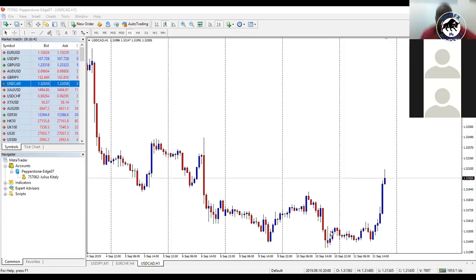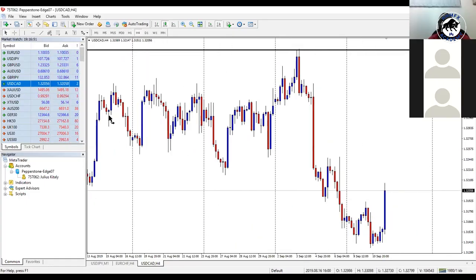All right, guys. So here we have USD CAD, the USD Canadian dollar. I like to use the 4 hours time frame to minimize some noise in the market.